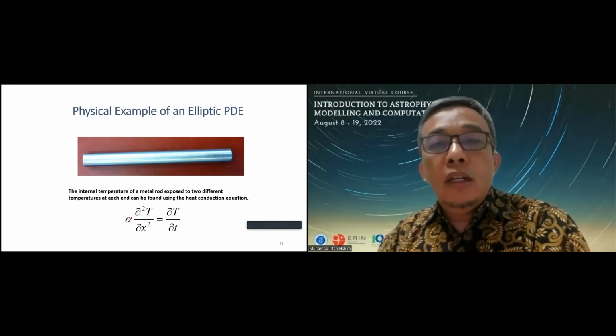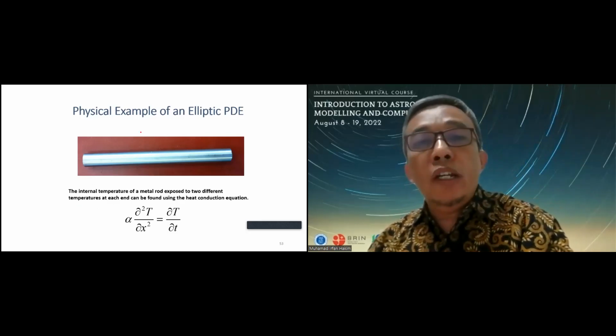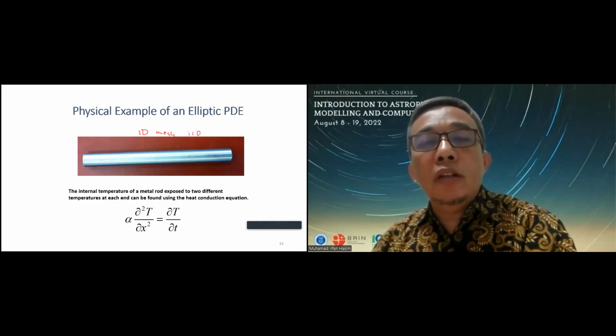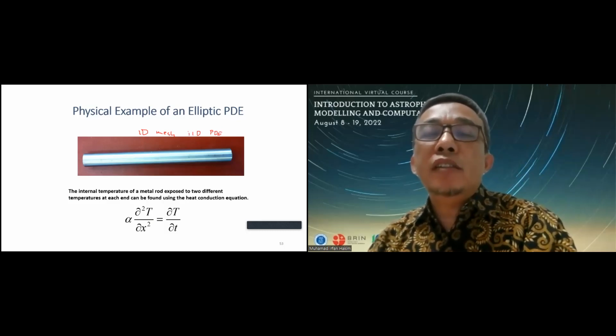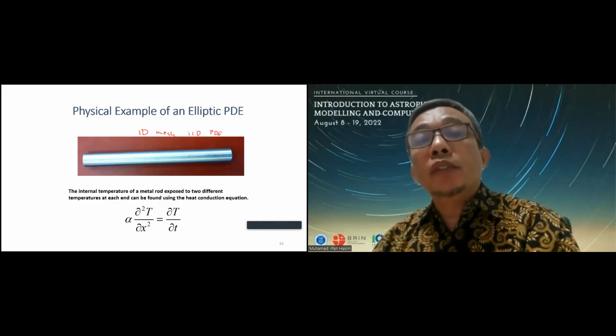Okay, now we look at an example in one dimension, a one-dimensional spatial mesh PDE.